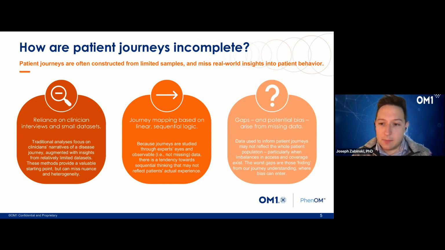These are the gaps where information is hiding. It's present out there in the world, but we can't see it. And that is one of these vectors by which bias can come into our understanding of patients, into their journeys and how they're treated, and ultimately translate into issues with those patients accessing care in the future. So we have to be very careful about this notion of missingness.